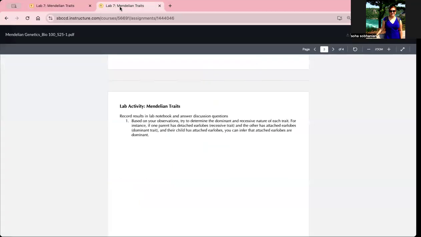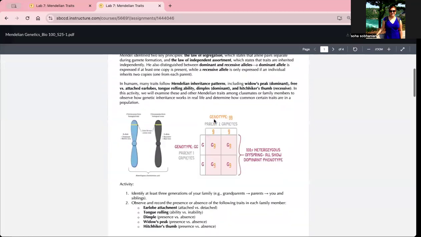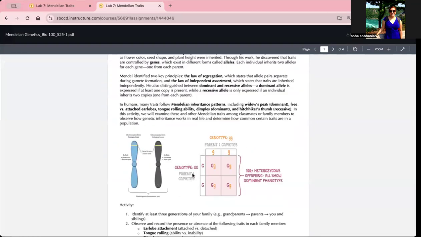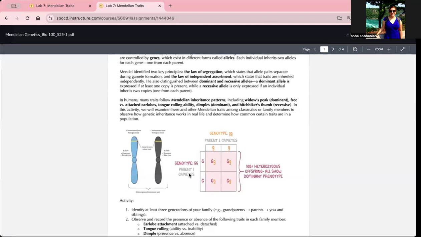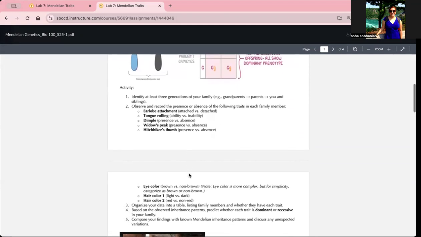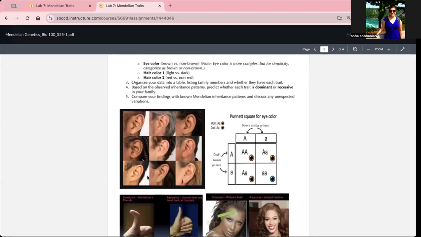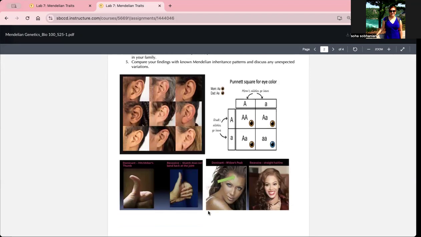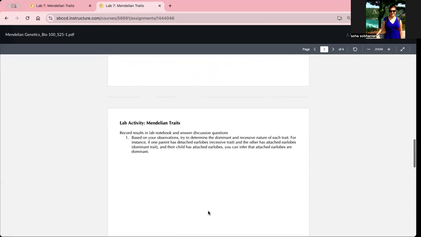The actual lab activity is pretty straightforward. It includes the basic overview of Mendelian genetics, the Punnett square, which is how we calculate the probability of you having a specific characteristic, and then the list of the characteristics, some imaging of what those characteristics would look like, and then you are going to read the questions and make observations on the traits that you see in your family members, from the past generation to the future generation.